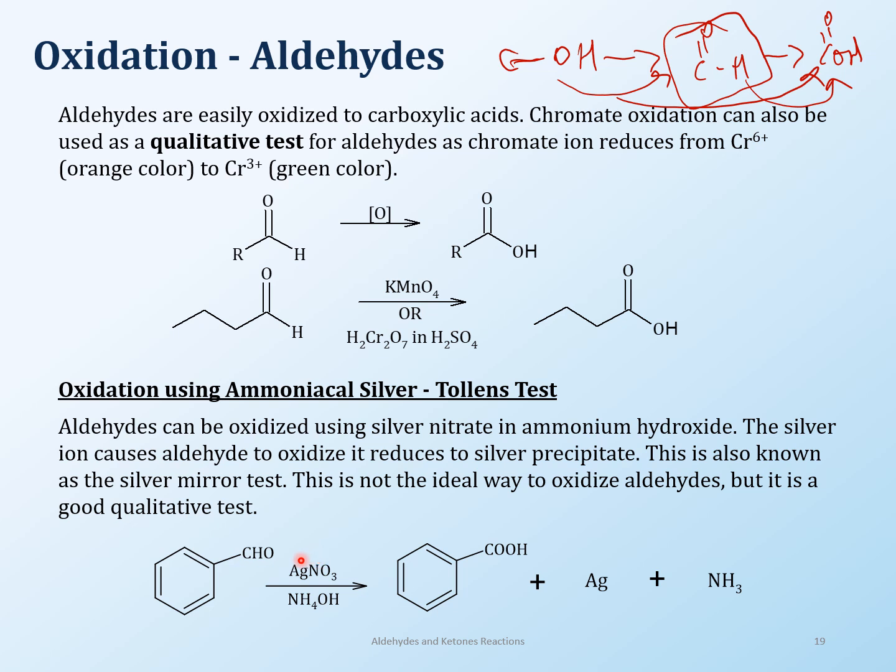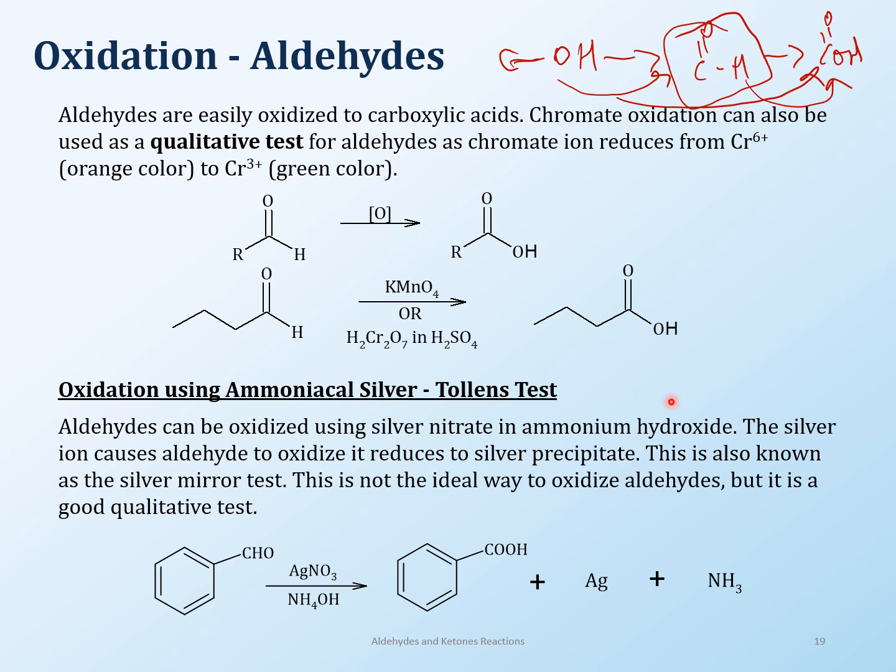So silver plus 1 goes to silver, and then this is a solid. Okay, so silver nitrate is in solution, but this silver precipitates out. And once it precipitates out, it forms a beautiful mirror, that's why it's called the silver mirror test also. So Tollens test or silver mirror test, same thing, it gives you a nice precipitate of silver at the end, and that is the qualifier that you have an aldehyde.